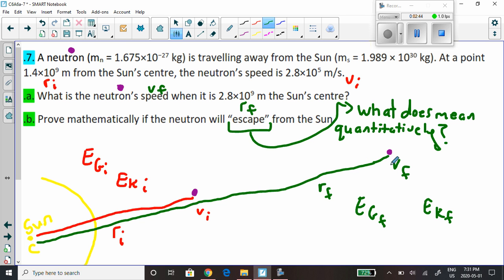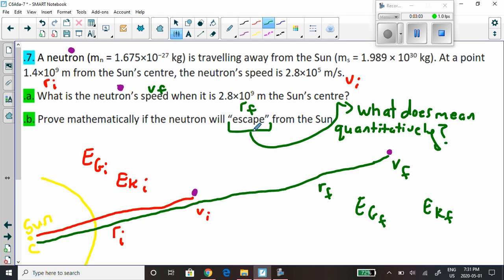That's what we want to do. And we'll use things like universal gravitational potential energy initial, kinetic energy initial, universal gravitational potential energy final, kinetic energy final. We'll use all these things to calculate it. So that's 7A.